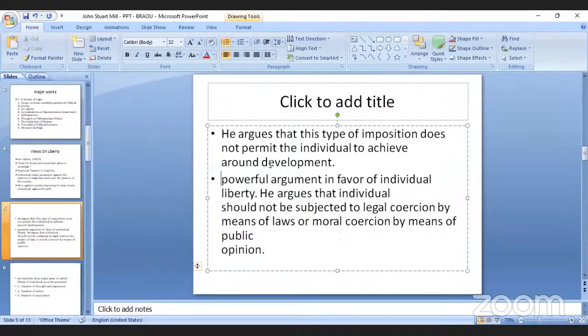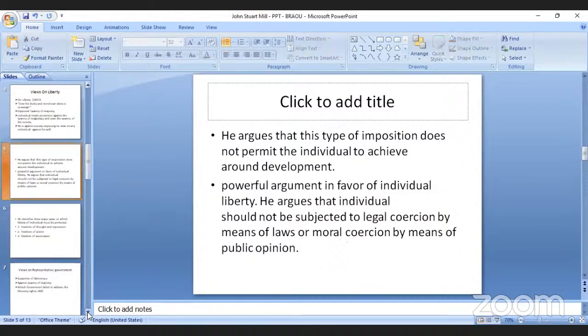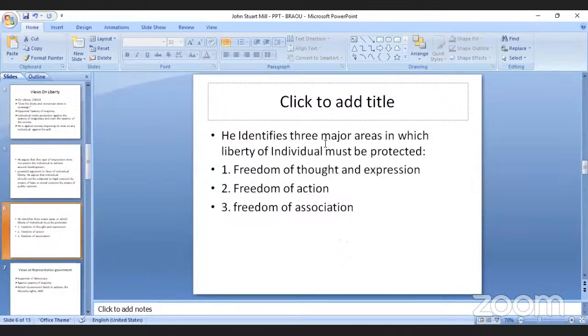So one of the powerful arguments in favor of the individual is liberty. He argues that the individual should not be subjected to legal coercion by means of laws, or moral coercion by means of public opinion, etc. So according to him, there are three identified major areas in which the liberty of the individual must be protected.